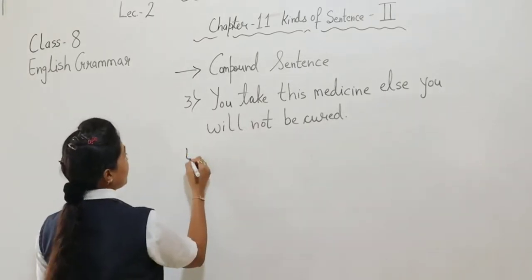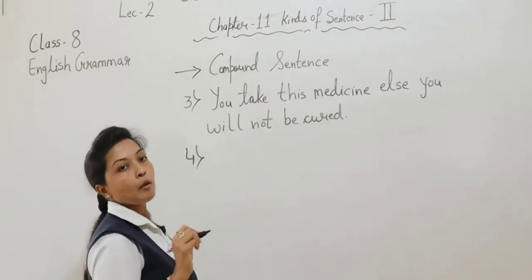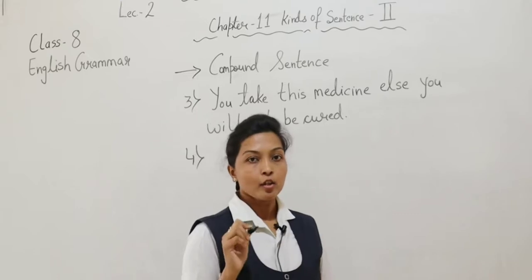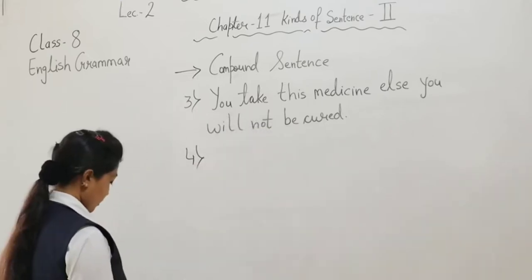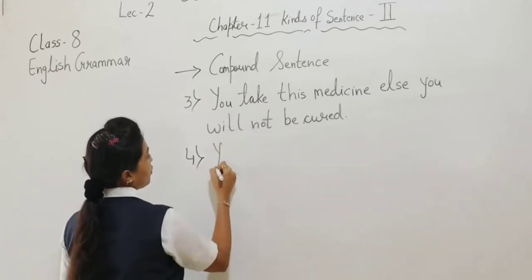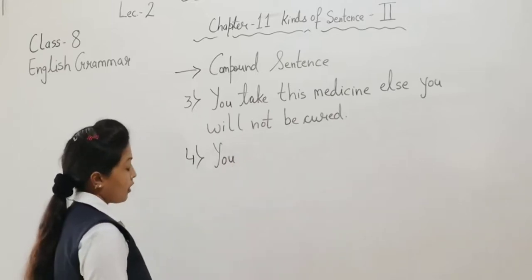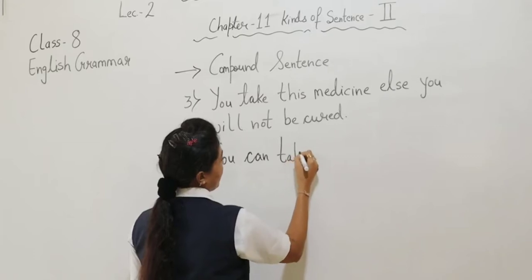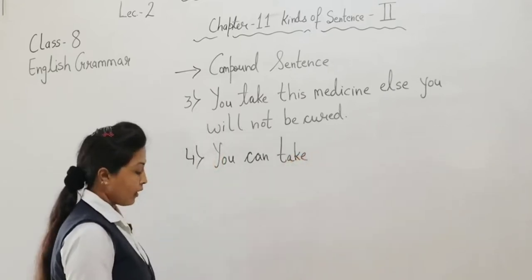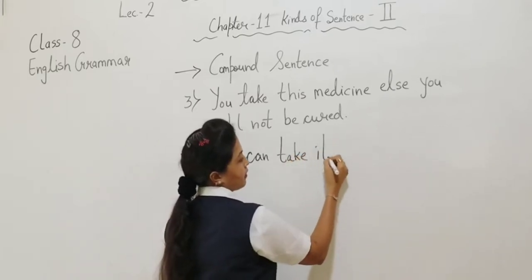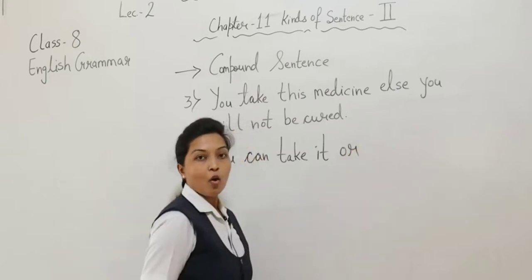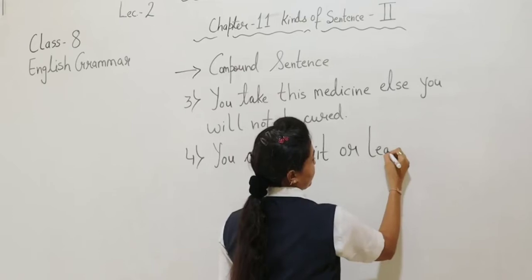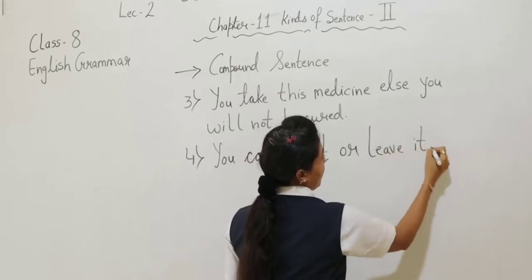In a compound sentence, each clause is an independent clause. Then after, you can take it or leave it.